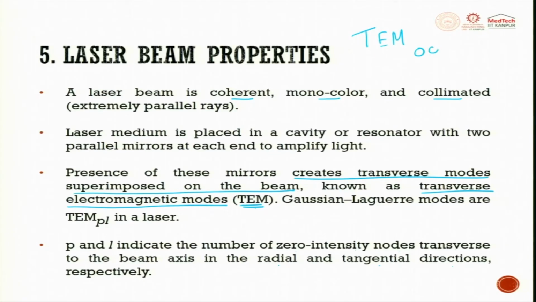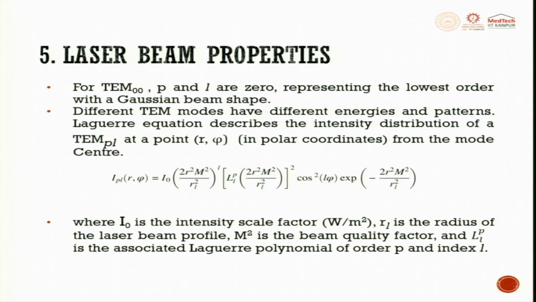This TEM is nothing but the transverse electromagnetic mode, caused by transverse modes superimposed on the beam. This 00 is P and L, which indicates the number of zero intensity nodes transverse to the beam axis in the radial direction and the transverse direction. Now, let us see some of the modes.